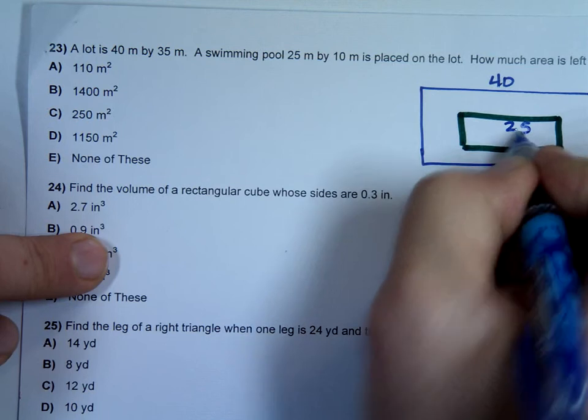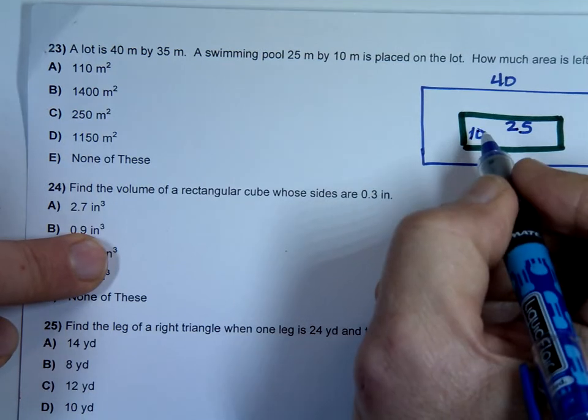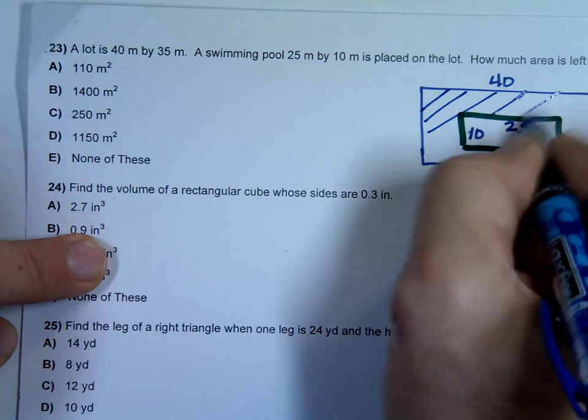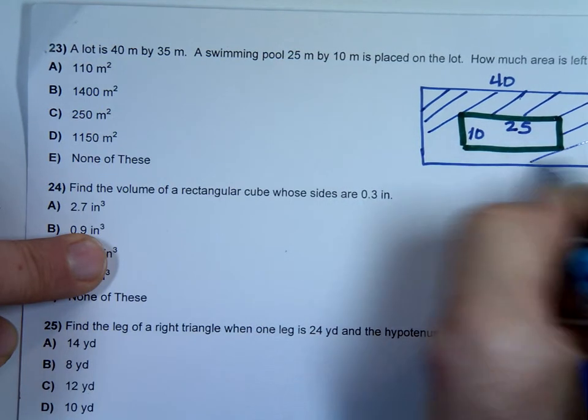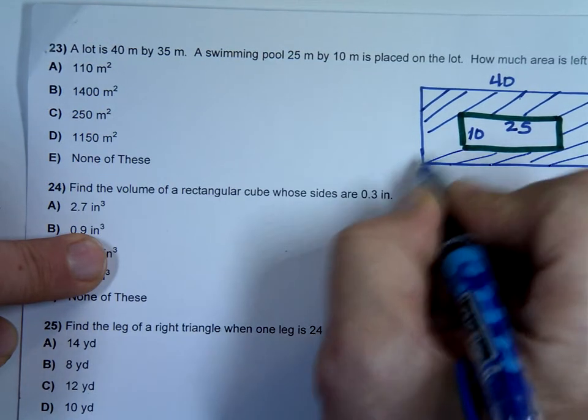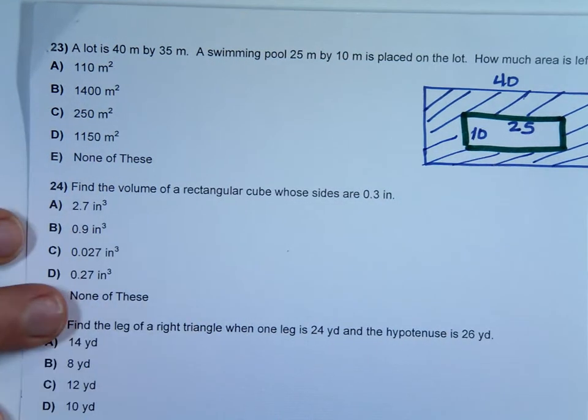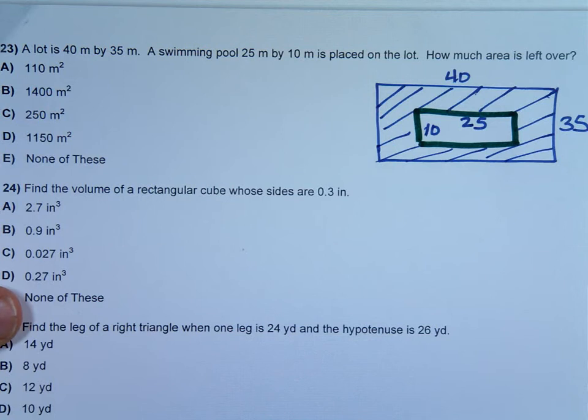And the question, how much area is left? What is that area? How do we figure out what that area is?